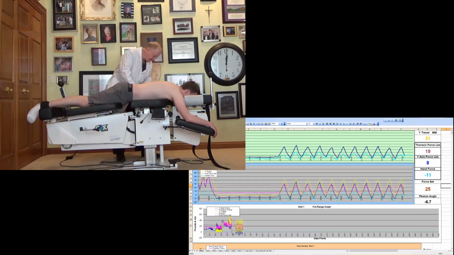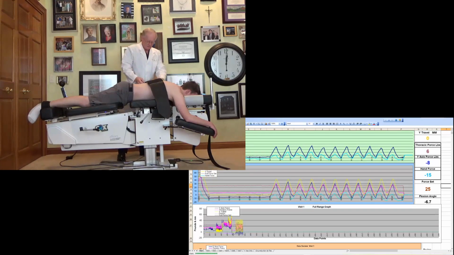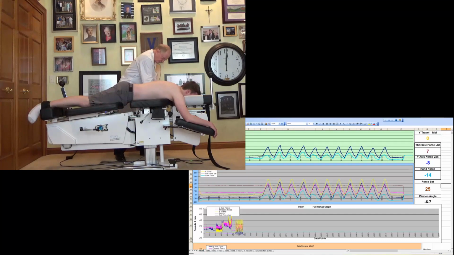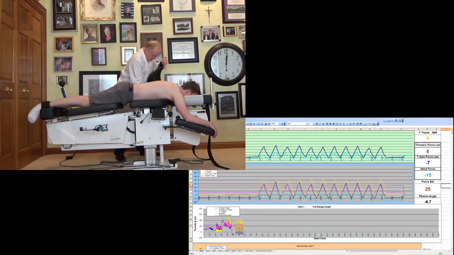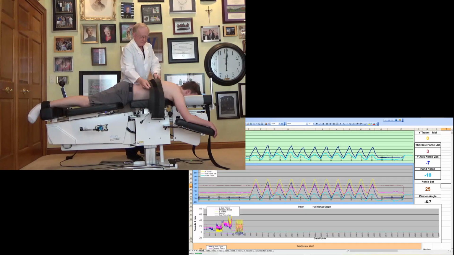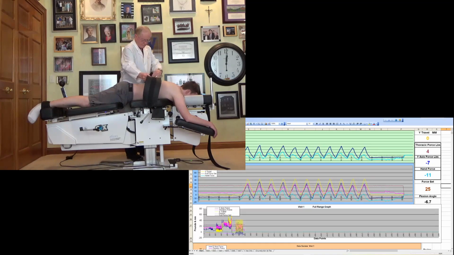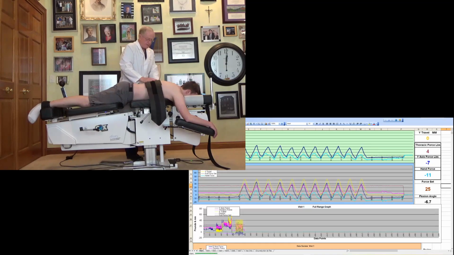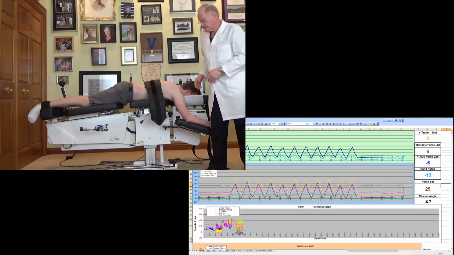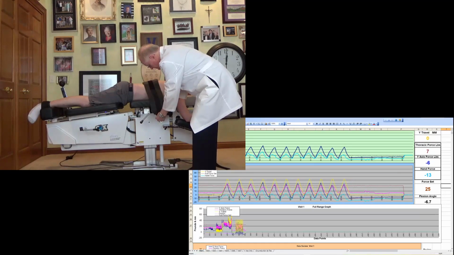I can apply a thoracic restraint and isolate this distraction to a given segment or column of the human spine.